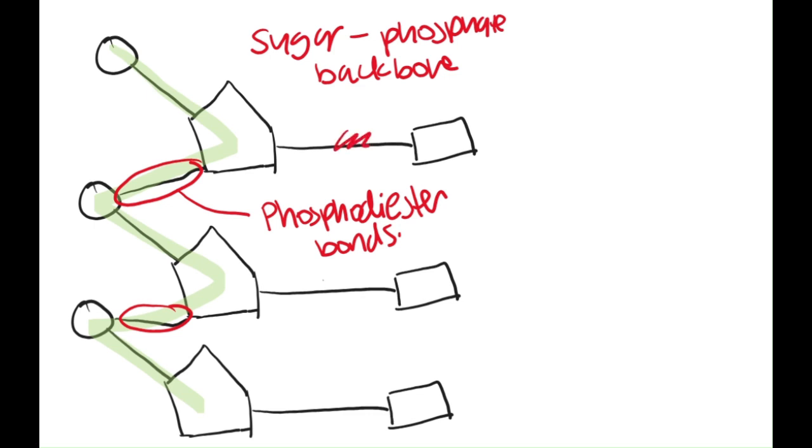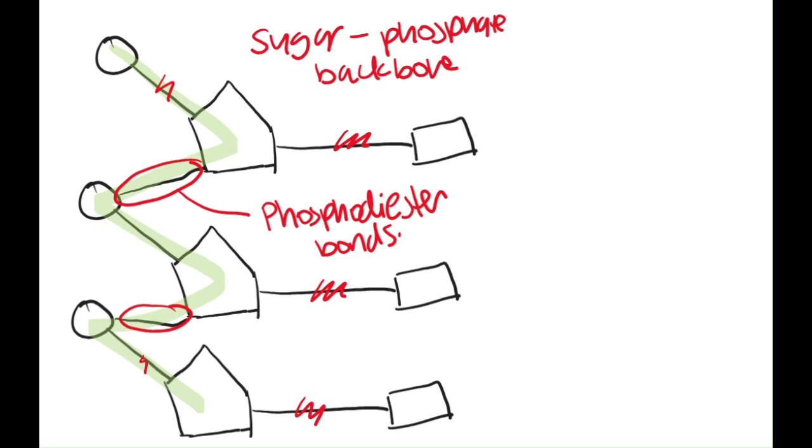Keep in mind, other components also have covalent bonds. Like this is a covalent bond, this is a covalent bond, this is a covalent bond. But phosphodiester bonds are specifically those that join the phosphate group of one nucleotide to the pentose sugar of another nucleotide. Because there are so many of these covalent bonds, it requires a lot of energy to break.